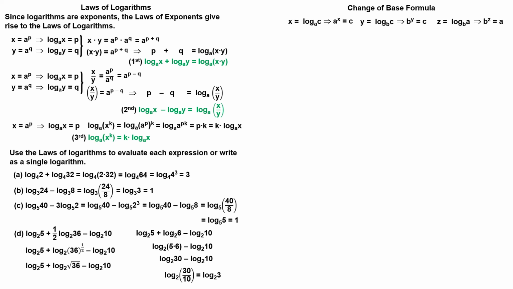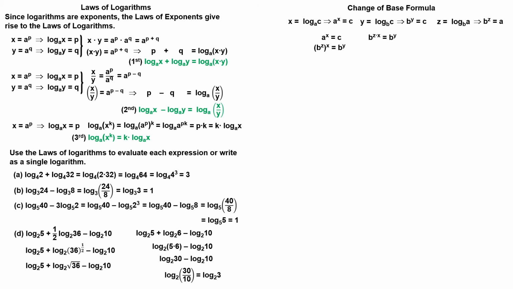We know that a raised to the power of x equals c. In that equation, we replace a with b raised to the power of z, and replace c with b raised to the power of y. So we get an exponential equation.